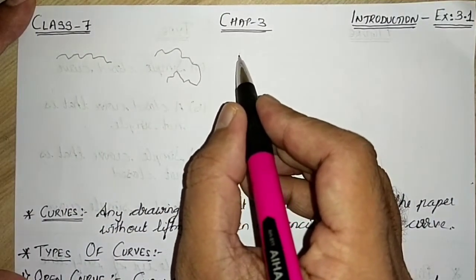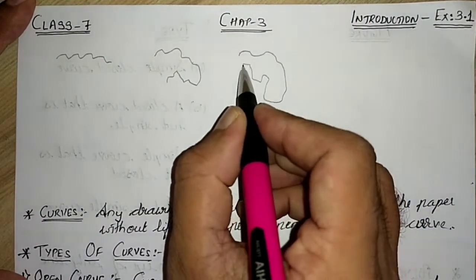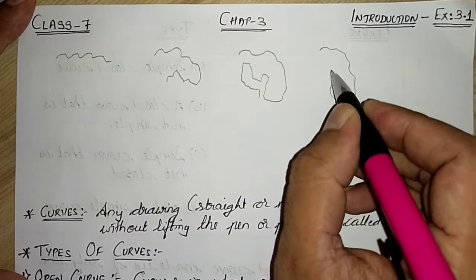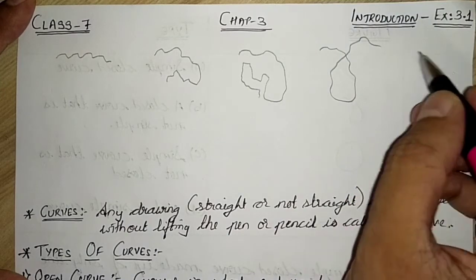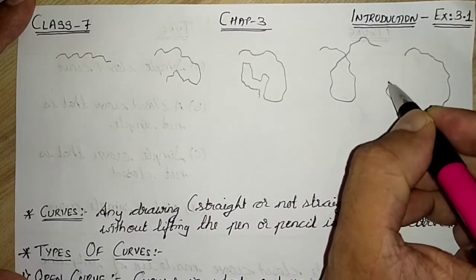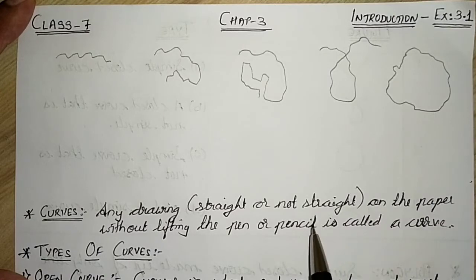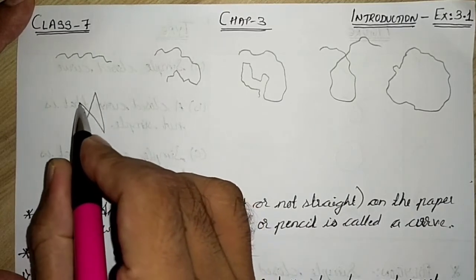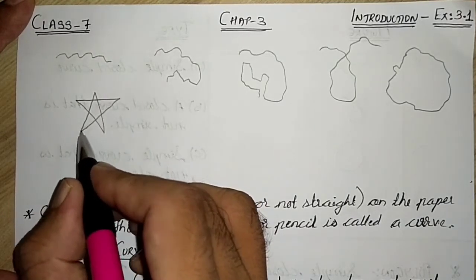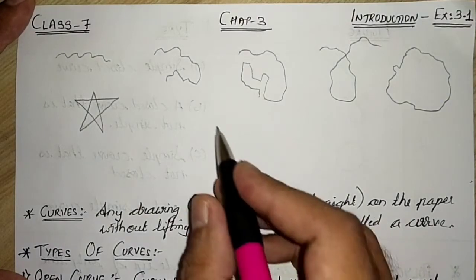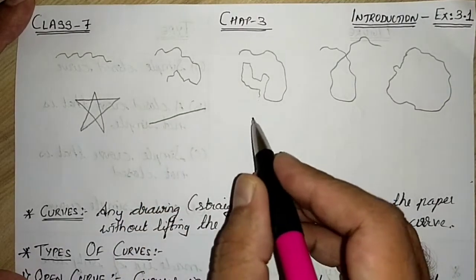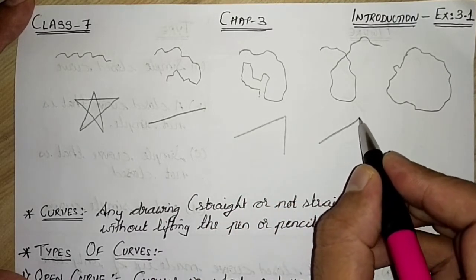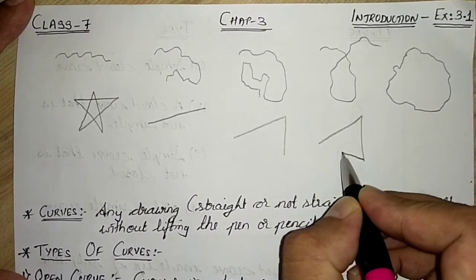Some may take a figure like this. Some may make stars. Some may make a straight line. Some may also make two lines like this, or some may make a triangle without lifting the pencil or pen.